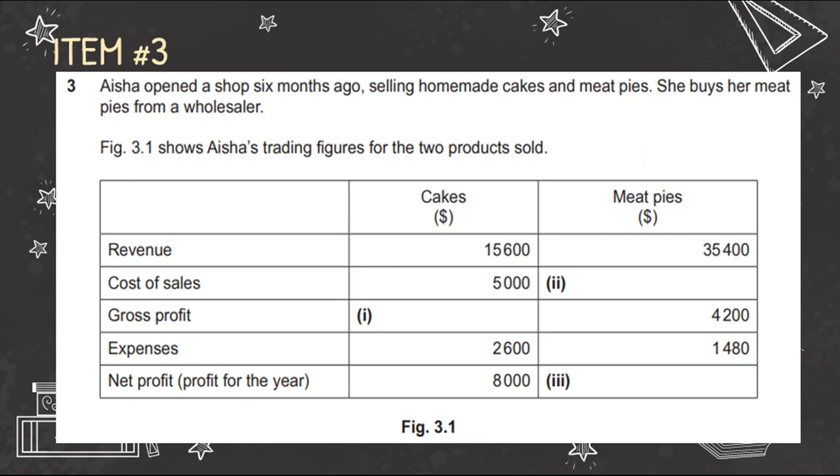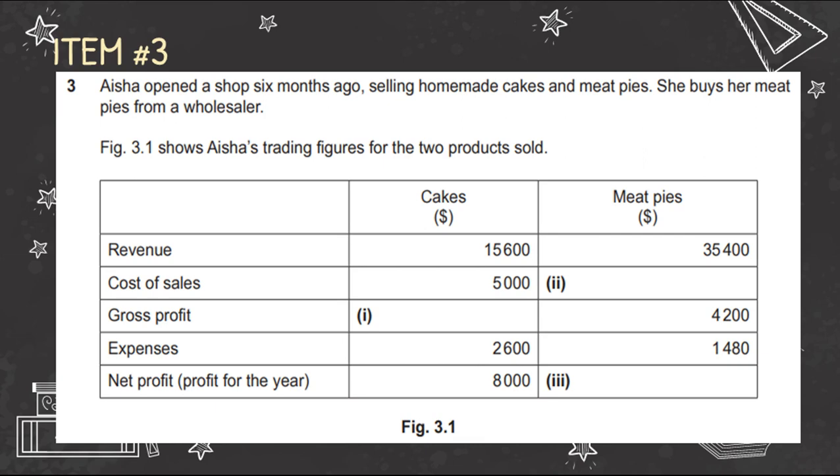Now the task is for you to do the calculations to complete the gaps, the first, second, and third in the table. How are you going to compute the gross profit? It will be revenue minus the cost of sales.